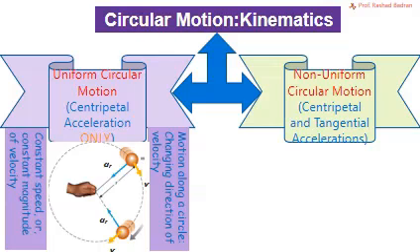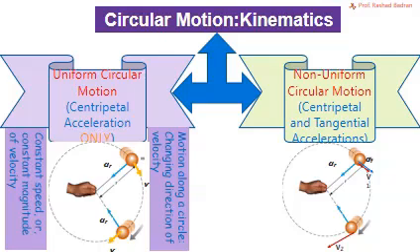Now, the second kind of circular motion is the non-uniform circular motion. In this motion, the difference is that we will have the magnitude of the velocity changing in addition to the change in the direction. So we're going to have both the magnitude and direction of the acceleration changing.